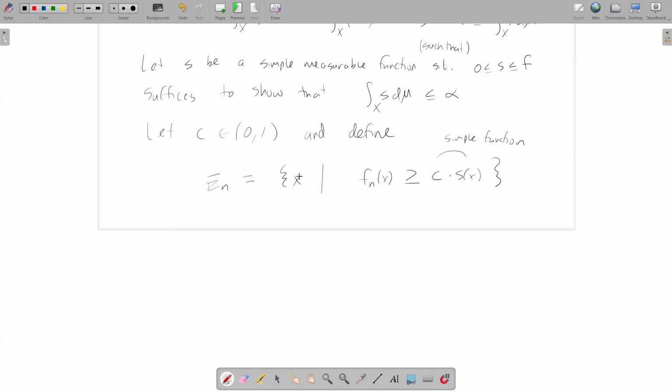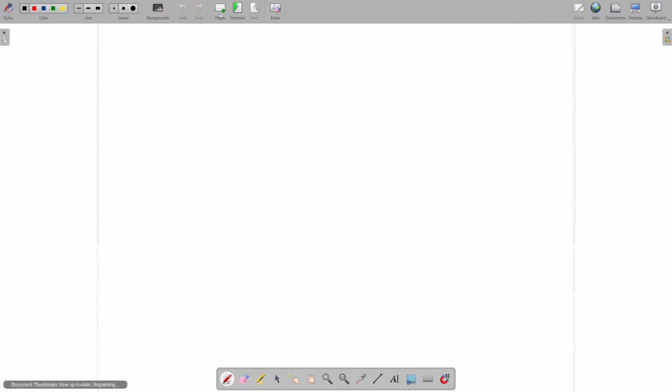And so that means that on this set we can consider E_n as its own proper measure space. We have that the integral over E_n of f_n d mu is greater than or equal to the integral over E_n of c s d mu.